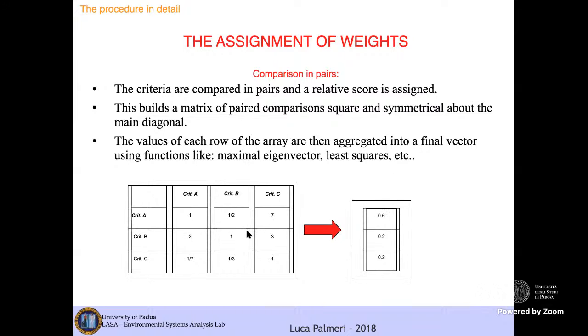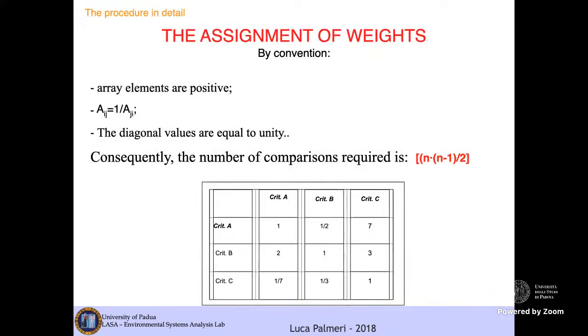In this case, for example, we have the eigenvector. How do you say eigenvector? Eigenvalue. The eigenvalue of a matrix as weights.